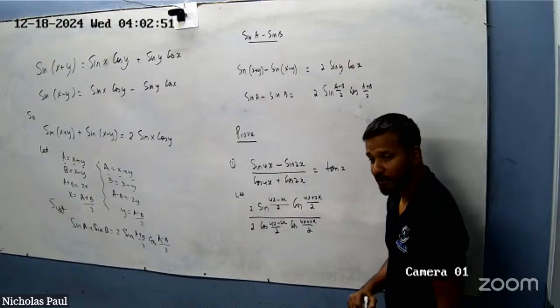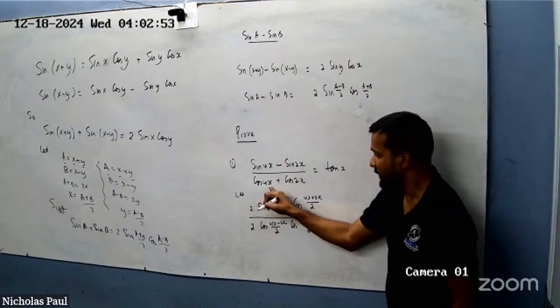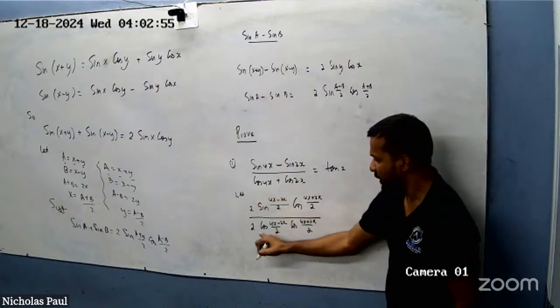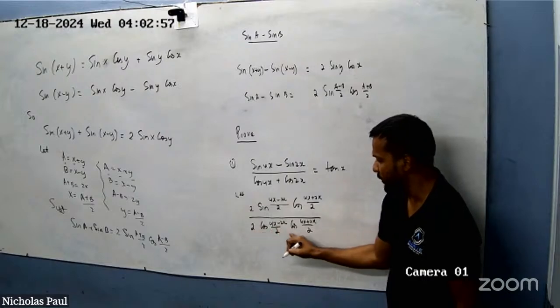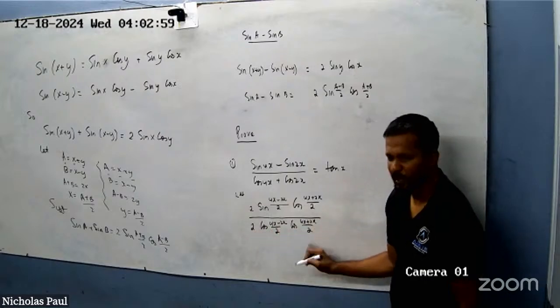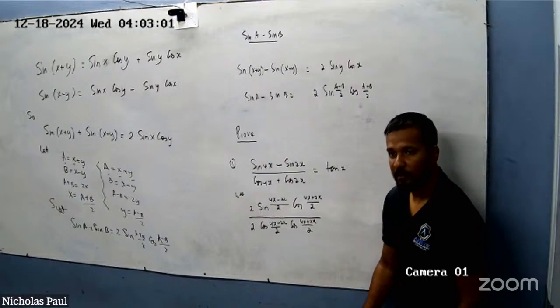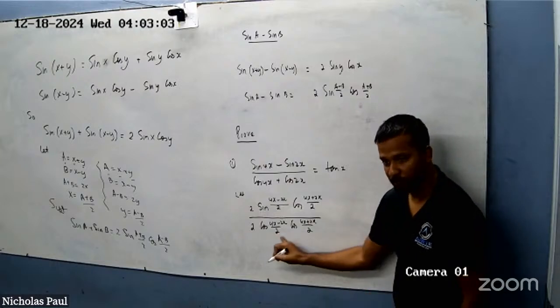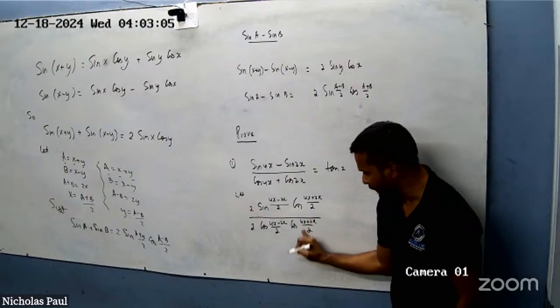Cos A plus cos B is 2 cos (A minus B on 2) cos (A plus B on 2). It doesn't matter, it's commutative. It's multiplication, right? But I put it like this so these two can cancel off nicely.